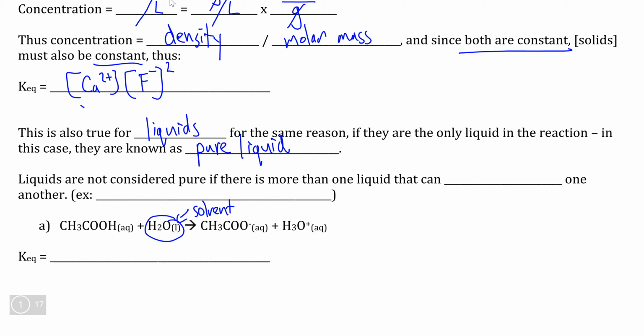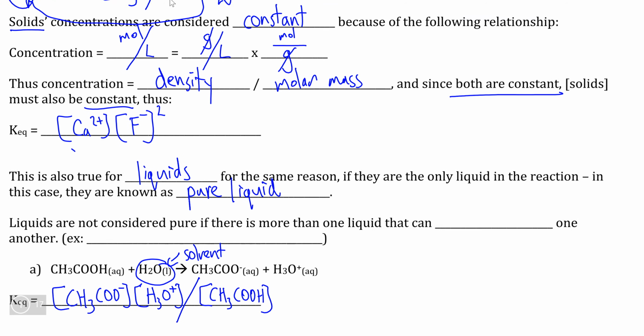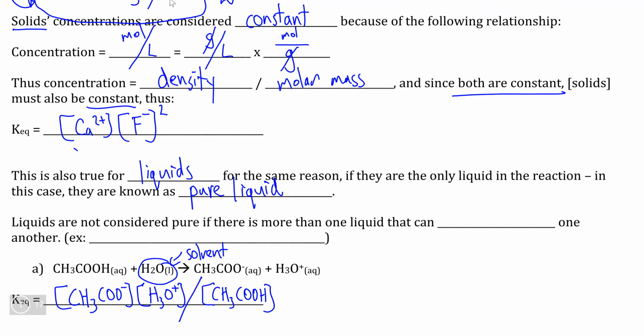So if we were to write out the KEQ expression for this reaction here, we would simply write the concentration of our two products multiplied by each other, so concentration of acetate times the concentration of hydronium, and divide that by the concentration of our only reactant solute, which is the concentration of acetic acid, and water's concentration is not included in this because it's assumed to be constant.